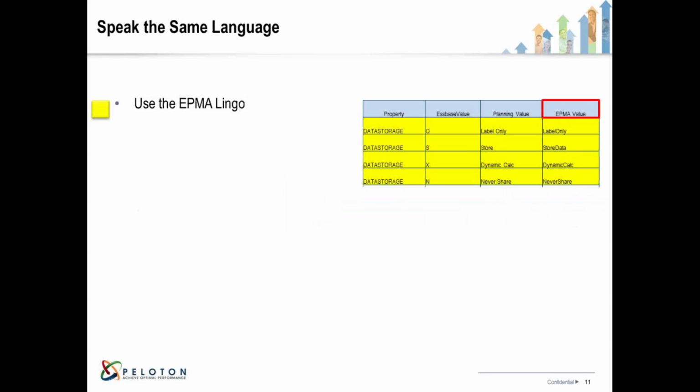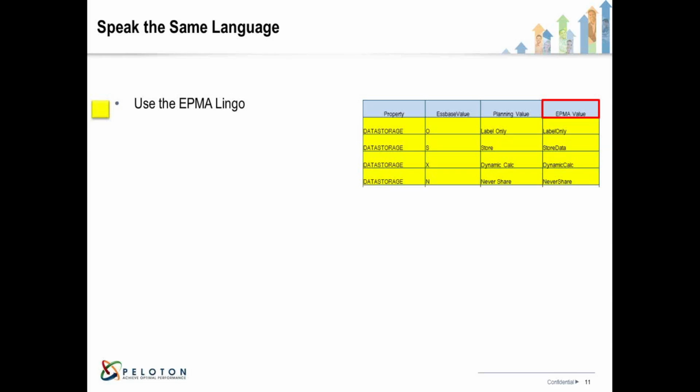Another thing to note, which I talked a little bit about on a previous slide, was the difference between how Essbase properties and planning properties are depicted. For example, for data storage, you see that label only is an O in Essbase, and planning has label only. You don't have to worry about which value to use when you're using EPMA, because EPMA has its own depiction of what label only is, what store is, what dynamic calc is, what never share is, and so forth.